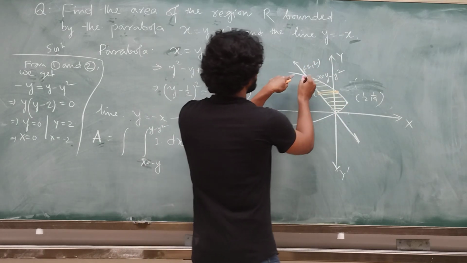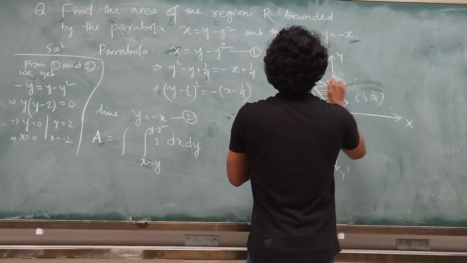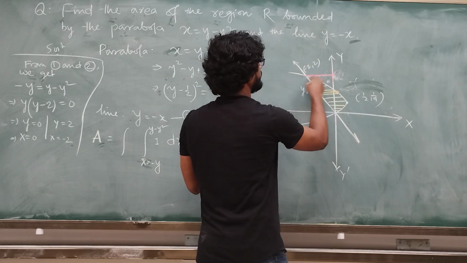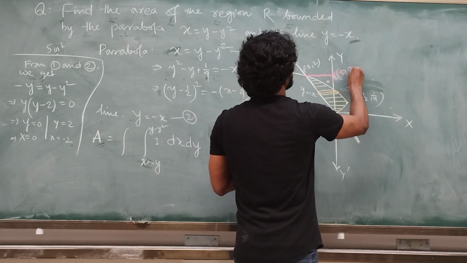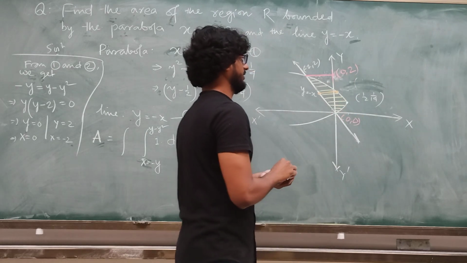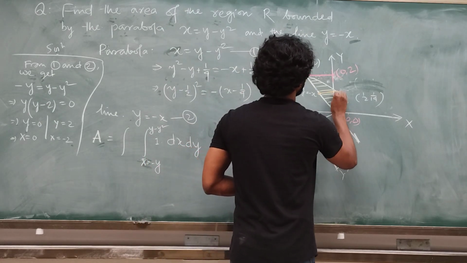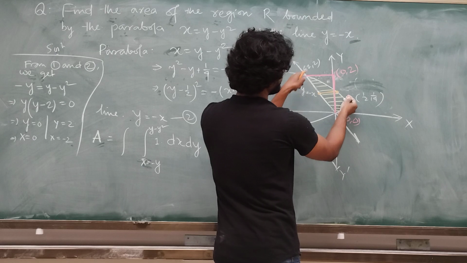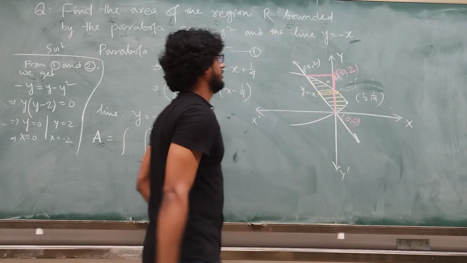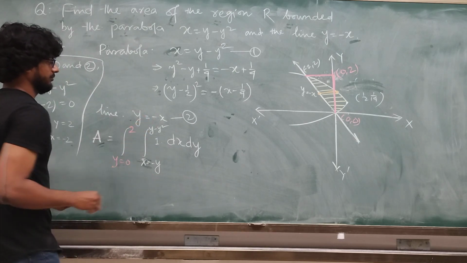If we project it on the y-axis, this point will be 0, 2, and this point we already know is 0, 0, the origin. So y is varying from this to this, so y will be from 0 to 2.